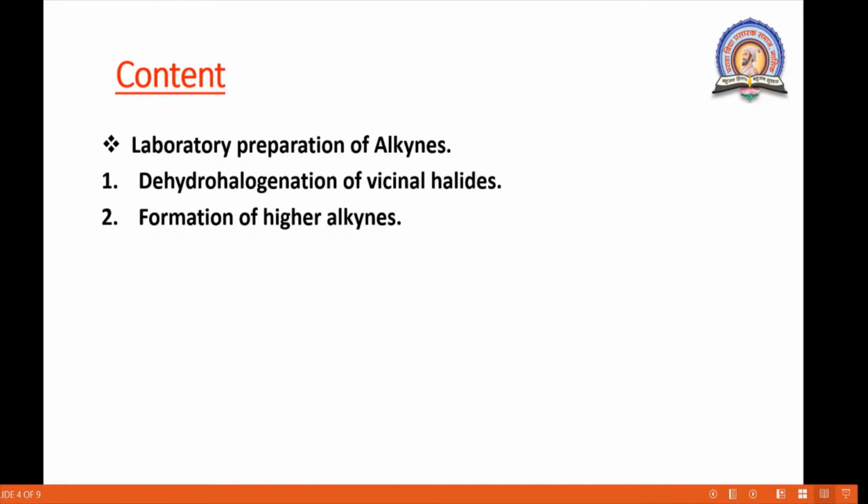Now in today's lecture we are going to discuss laboratory preparation of alkynes. In that, there are 2 points. The first one is dehydrohalogenation of vicinal halide and the second one is formation of higher alkynes. These two laboratory preparations we are going to discuss in today's lecture.